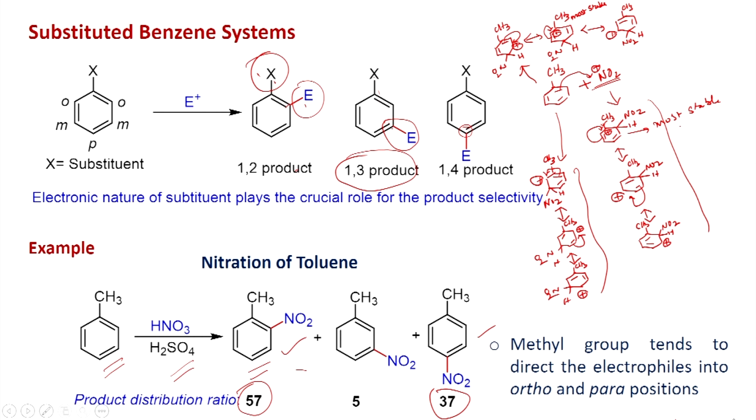If the substitution takes place at the ortho position and the para position, you can see in this resonance structure, when you write these two, that this carbocation can be stabilized by the methyl group. On the other hand, if the reaction takes place at the meta position, you can see you do not have that kind of stabilization.